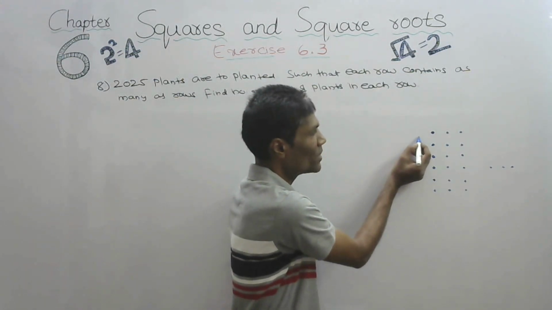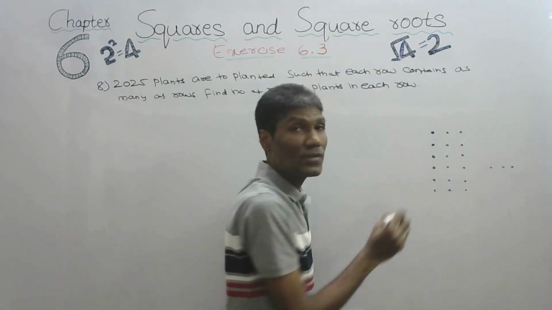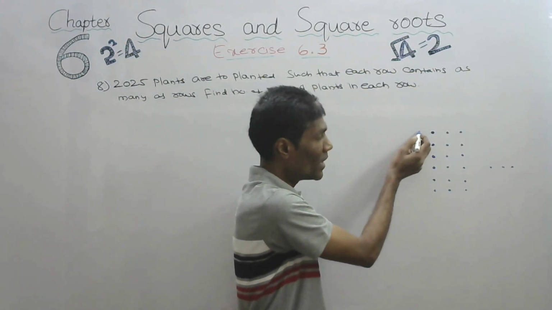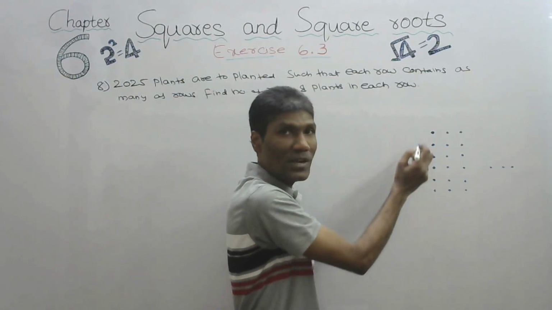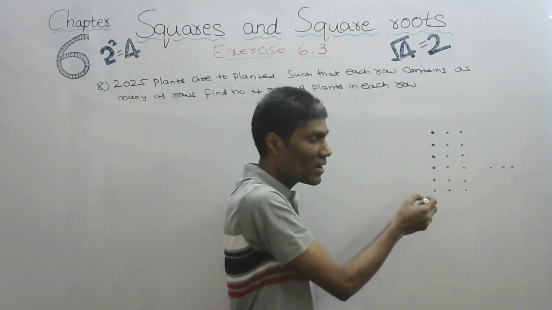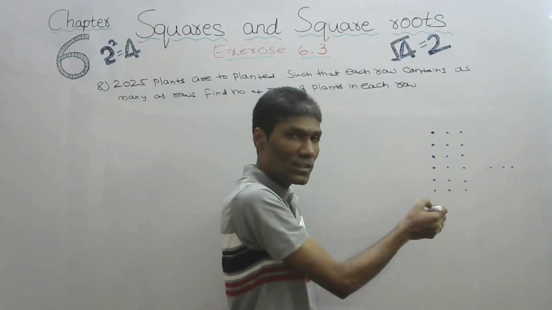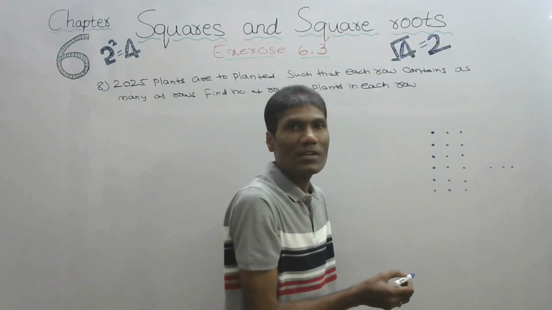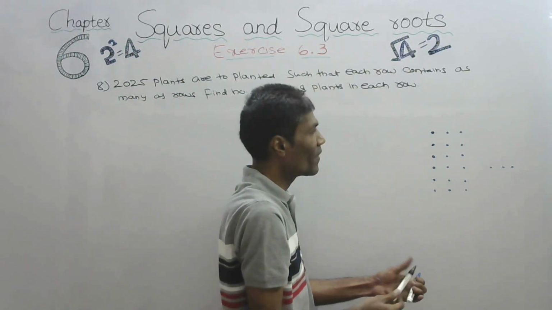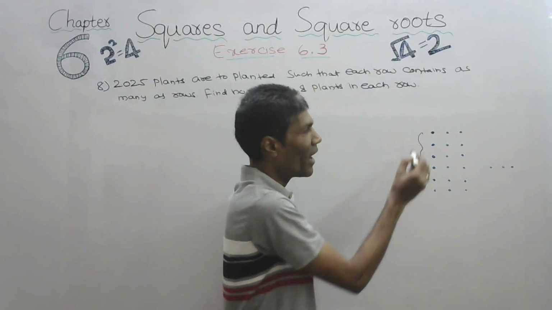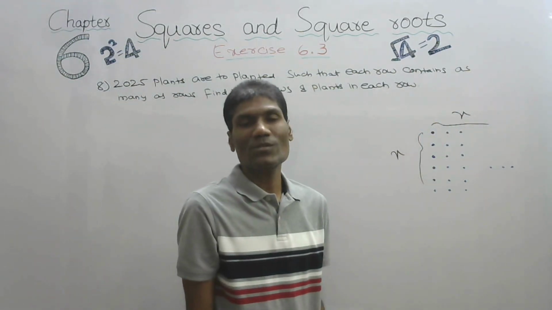Say for example, this is containing 5. So he will say 5 rows we have. If there are 8 plants, 8 rows are there. 10 plants, 10 rows are there. So in other words, he is saying this number and this number are the same.